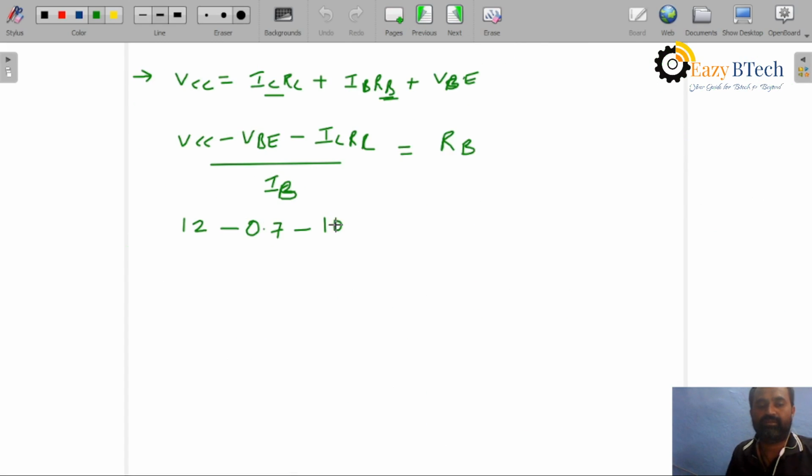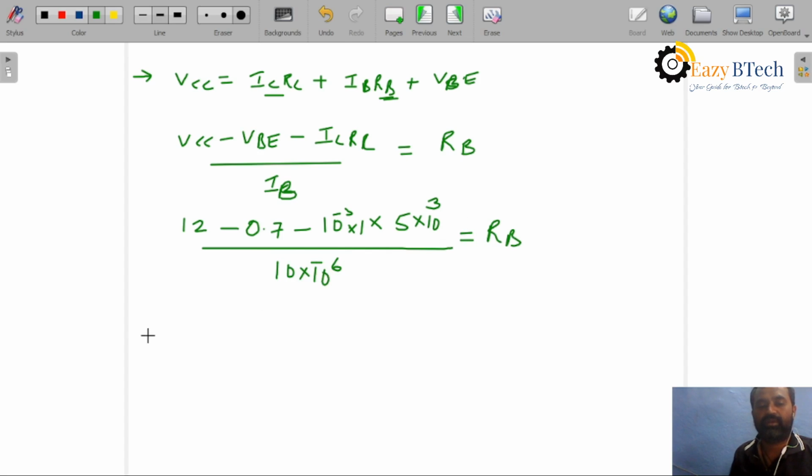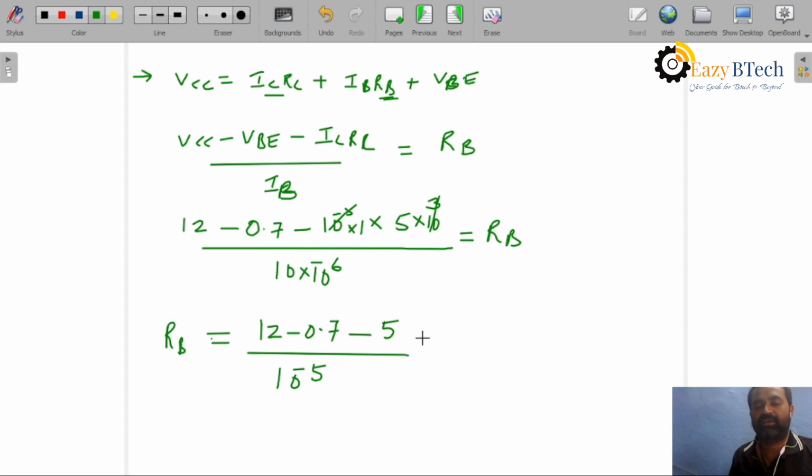1 milliampere means 10 power minus 3 into 1. The RC value is 5 into 10 power 3, divided by the IB value, 10 into 10 power minus 6, is equal to RB. Now we will get RB is equal to 12 minus 0.7 minus 5, divided by 10 power minus 5, isn't it?